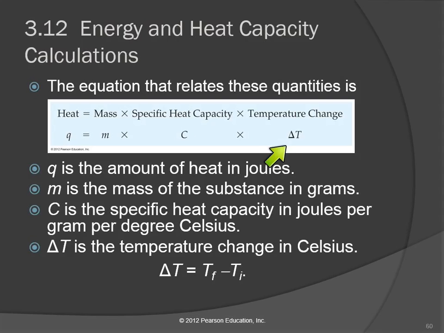Because the temperature change is smaller. It started out at maybe 120 degrees Fahrenheit and needs to get up to 212 Fahrenheit. The other one started out at maybe 60 degrees Fahrenheit, and it has a larger temperature change. So if the temperature change is bigger, it requires more heat. Does that make sense?